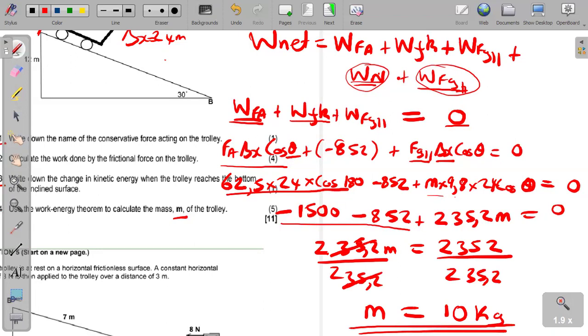So that's basically what you are doing. Of course, here we've been confined to the work energy theorem. But mind you, usually the question can say, use the energy principles. You can either use the work energy theorem or the work done by non-conservative forces. However, you can't use the principle of conservation of mechanical energy here because energy has not been conserved. So that's basically what you do. Okay.